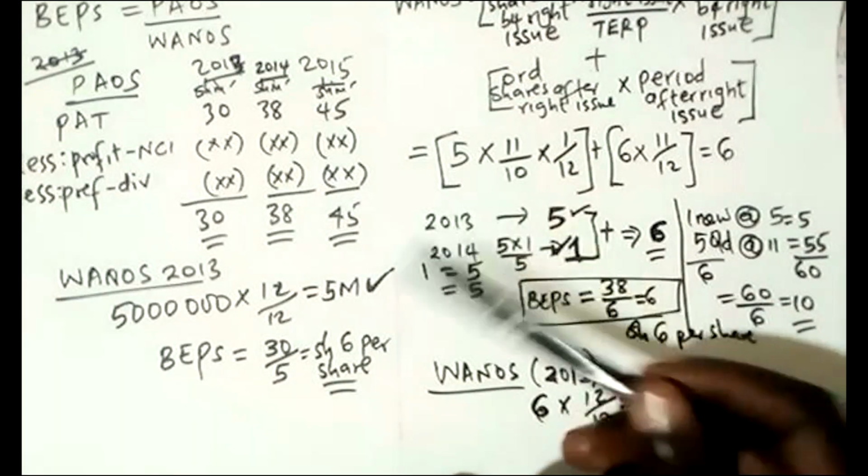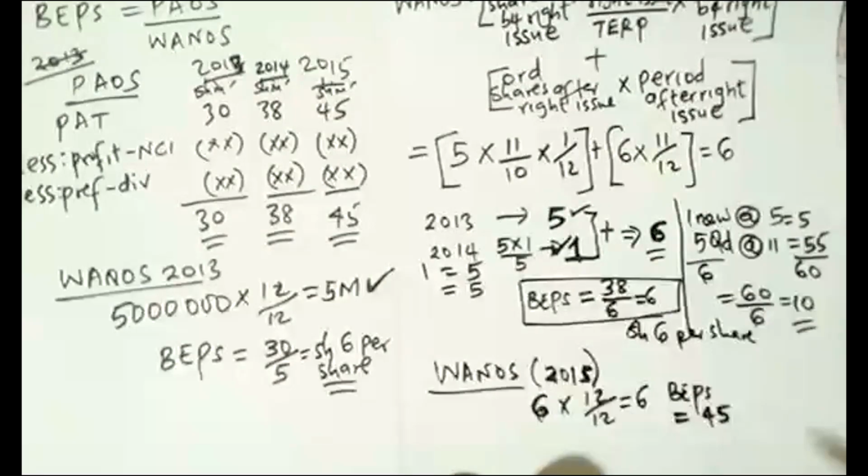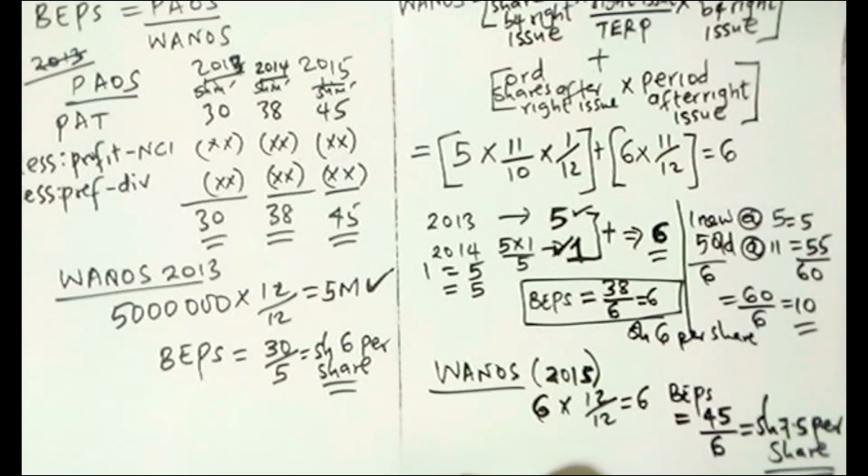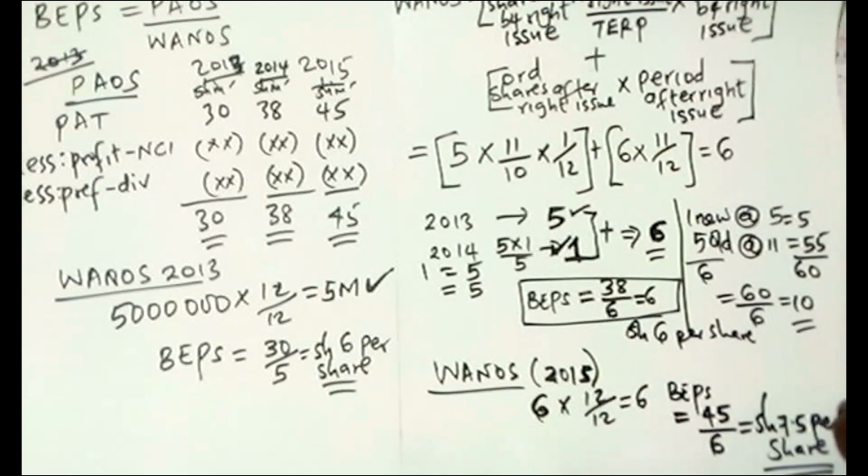This 45, which is here, you divide with 6. So 45 divided by 6, you get shillings 7.5 per share. So this is how you were supposed to do this question.